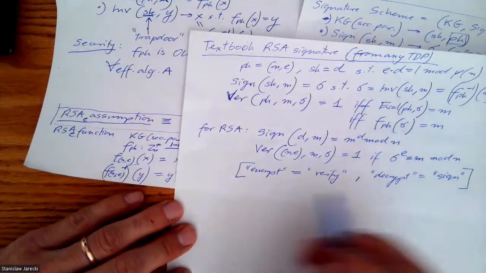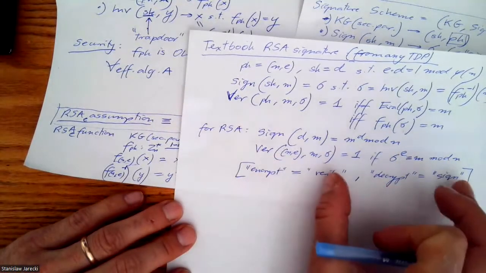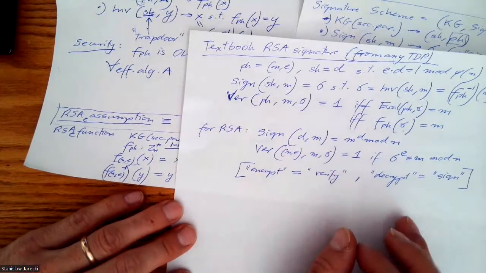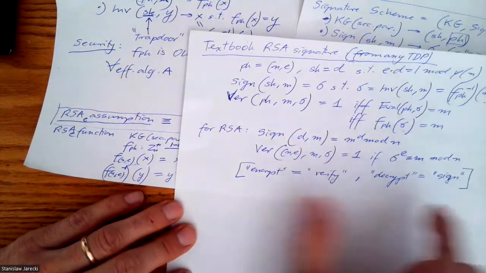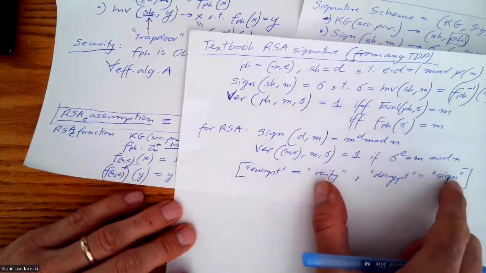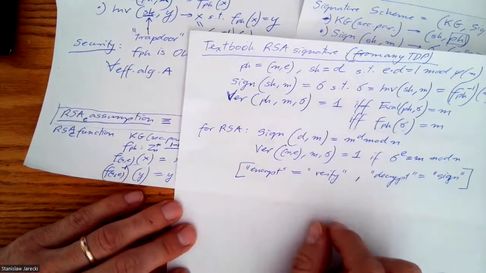This correspondence between some encryption scheme and some signature scheme is not universal. But the textbook RSA encryption and textbook RSA signature are in this relation.